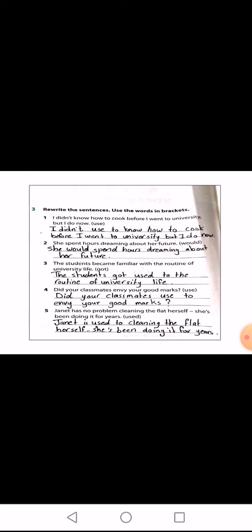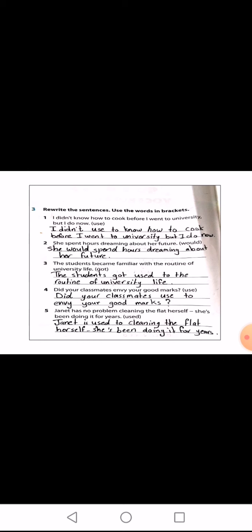We want to use: I didn't use to know how to cook before I went to university, but I do now.